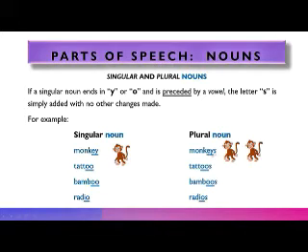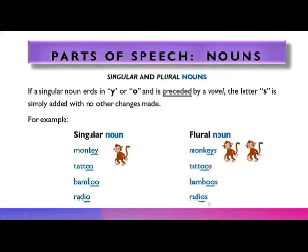Plural noun, monkeys. Singular noun, tattoo. Plural noun, tattoos. Singular noun, bamboo.